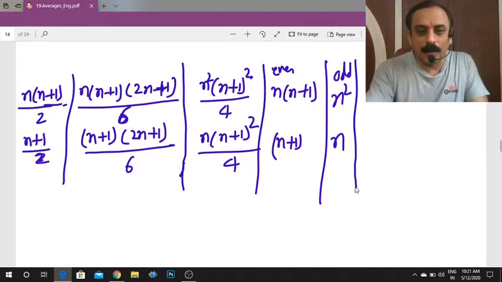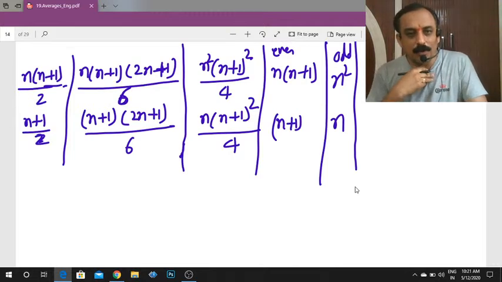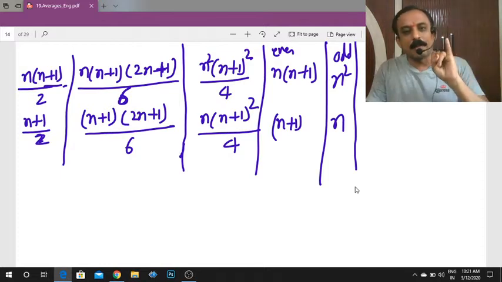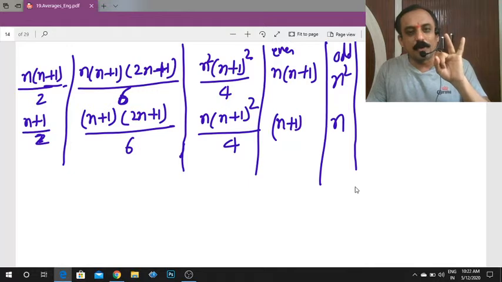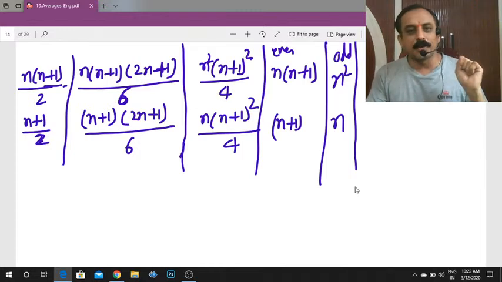Okay. So now I think you know progressions. Tell me, do you know progressions or not? Say yes or no. Progressions are of three types: arithmetic progression, geometric progression, and harmonic progression. Now, geometric and harmonic progressions are not important.